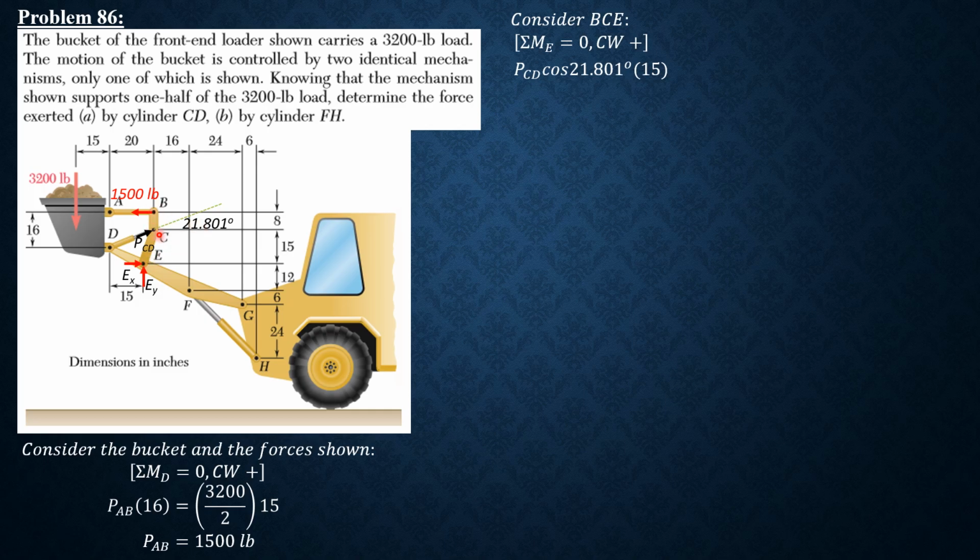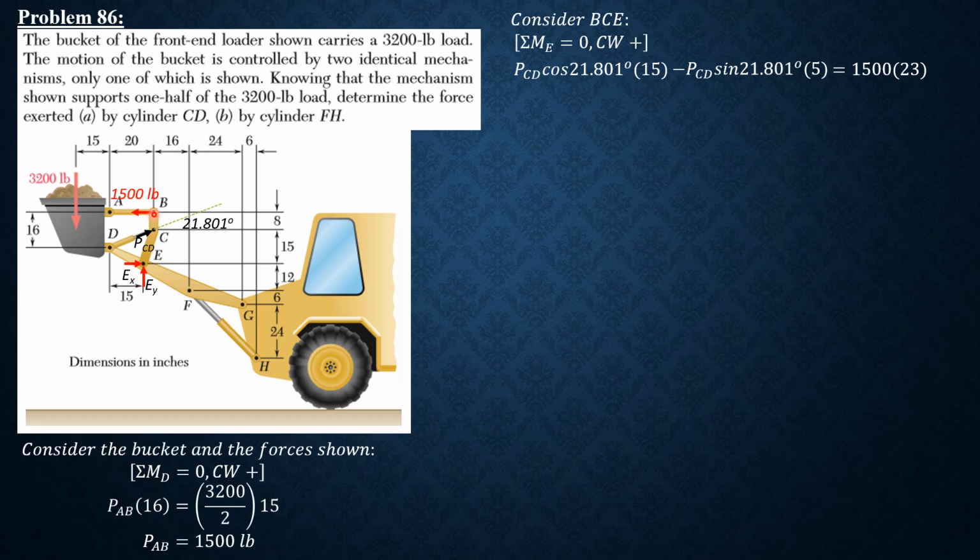The horizontal distance between C and E is 20 minus 15, so it is 5. So minus PCD sine of 21.801 times 5, then equals counterclockwise movement 3,200 over 2 times, as we sum up moment about E, times 30, 15 plus 15.